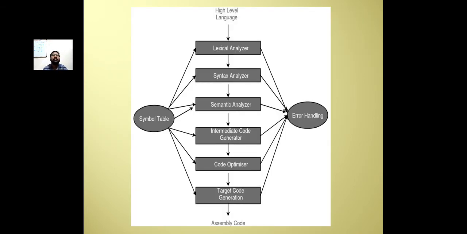The diagram shows high level language and assembly level language. On one side is the symbol table and on the other side is error handling. In the whole picture are lexical analysis, syntax analyzer, semantic analyzer, intermediate code generator, code optimizer, and target code generator.